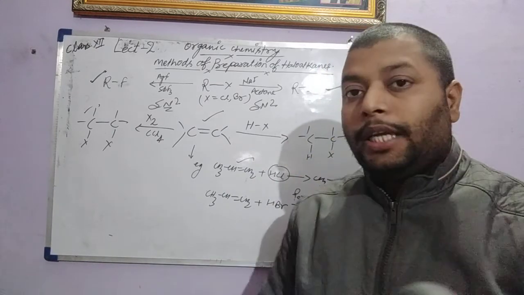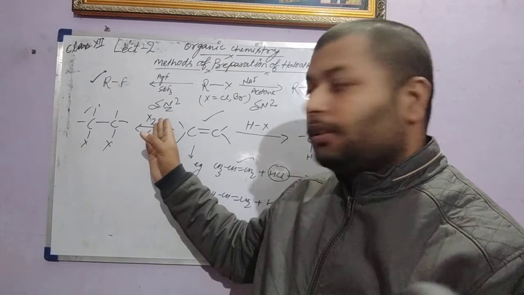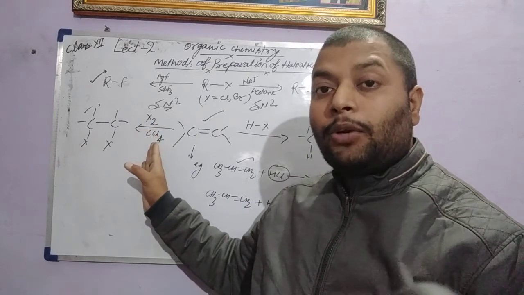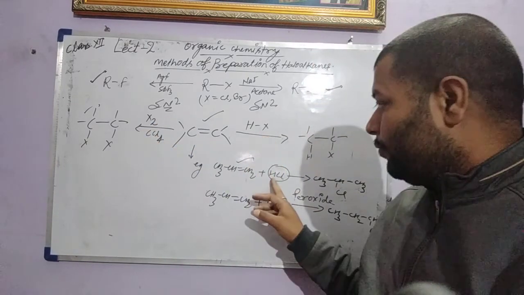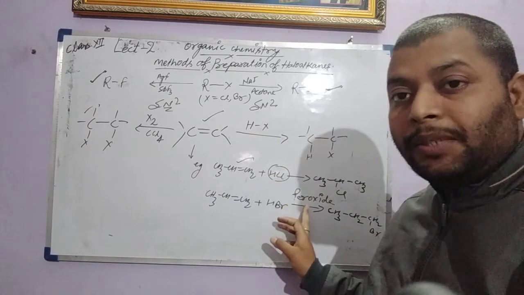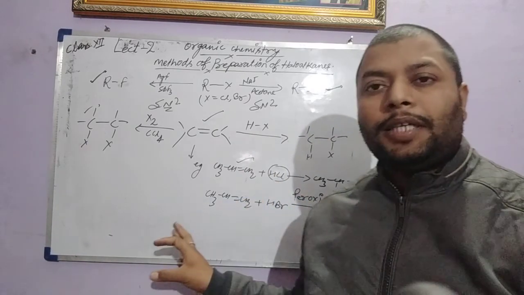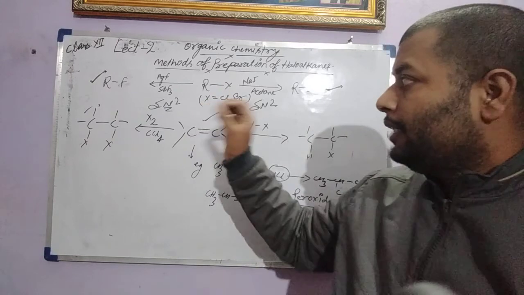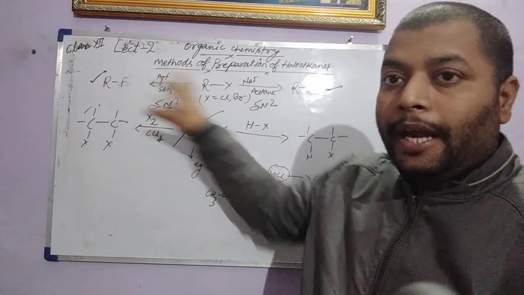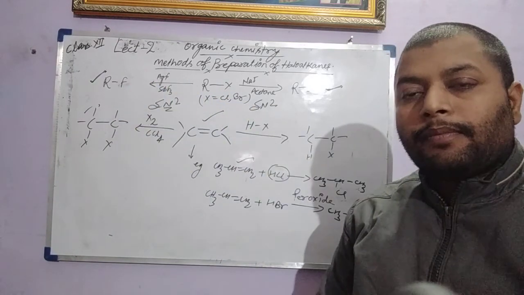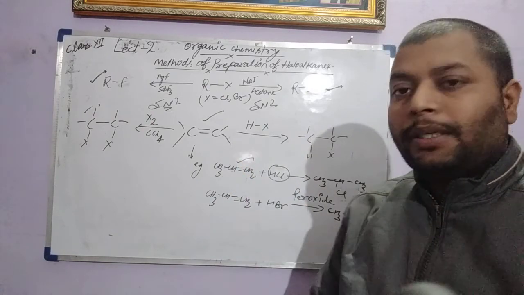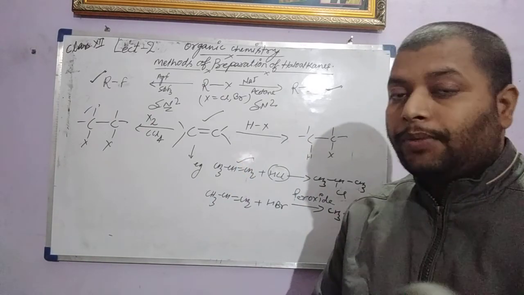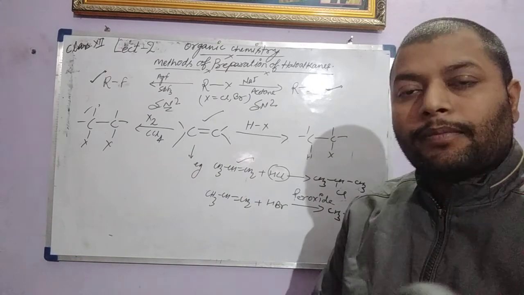Then addition reaction of halogen molecules in the presence of a non-polar solvent like CCl4, addition of HX following Markovnikov, or in the presence of peroxide, which is anti-Markovnikov or the peroxide effect, and then the Swarts reaction and the Finkelstein reaction. So for the methods of preparation, just revise all the examples using these different kinds of reagents.